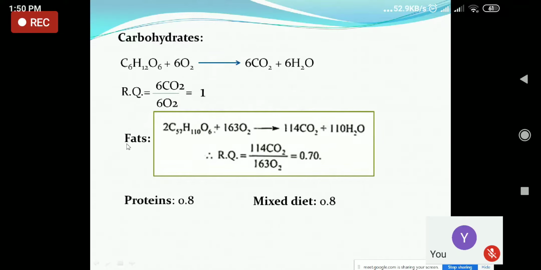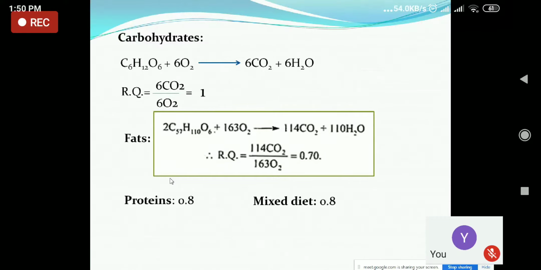Fats, they have relatively lower respiratory quotient because they have low oxygen content. This is the example given of the fat tristearin, and from here you can see that the respiratory quotient is about 0.7. About proteins, their chemical nature is highly variable, and you cannot establish the respiratory quotient by any specific formula.